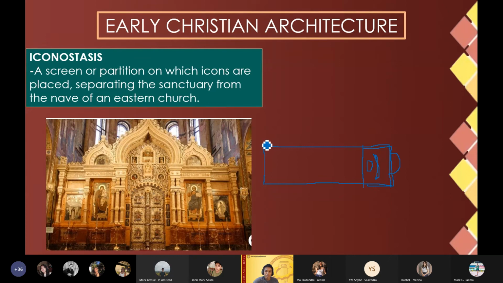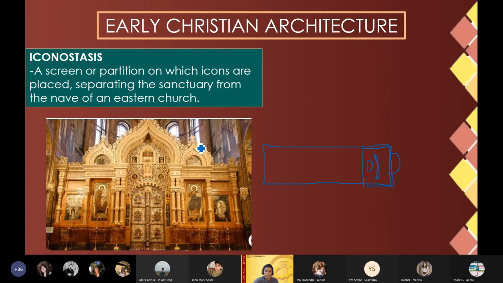And behind that one, there are other parts still of the sanctuary, where they keep, for example, the gold cups and so on and so forth. So again, the term here, the iconostasis, separates the sanctuary from the nave of an Eastern church.